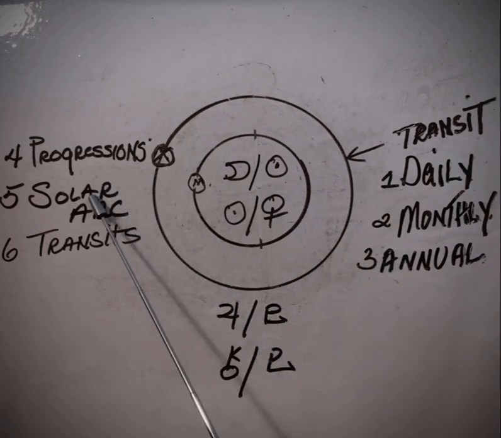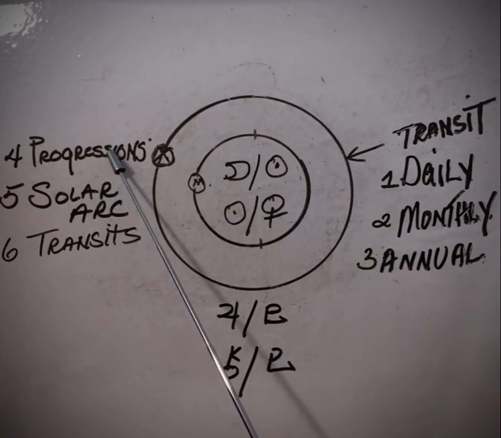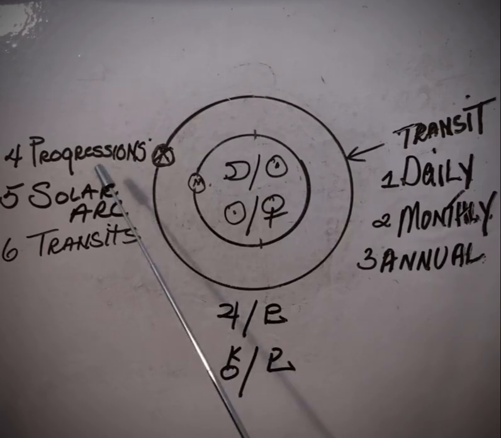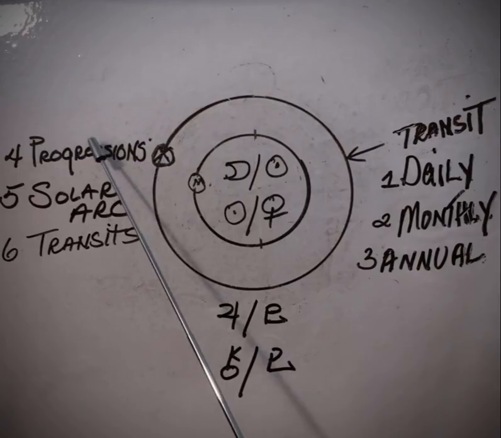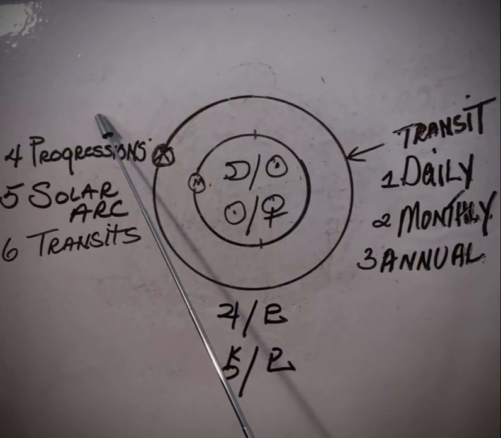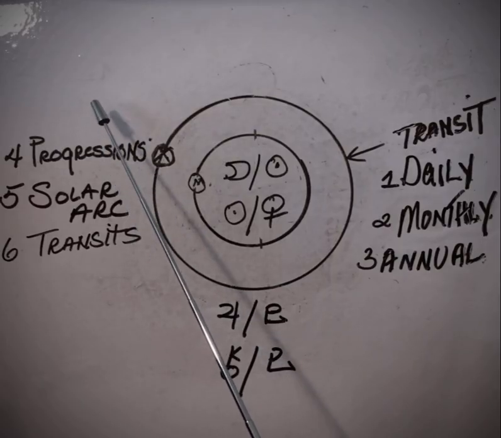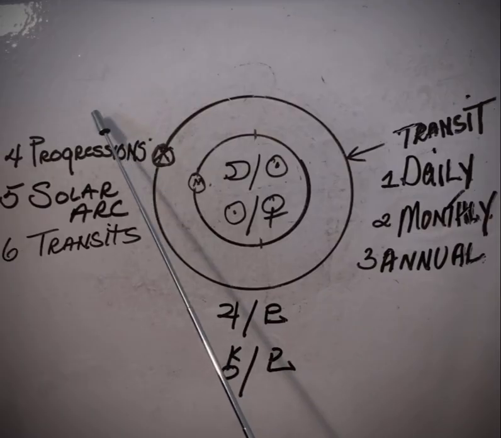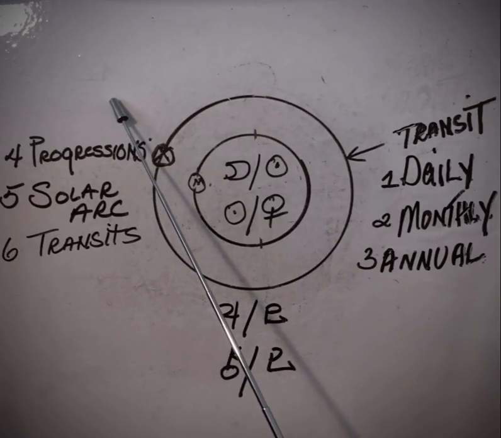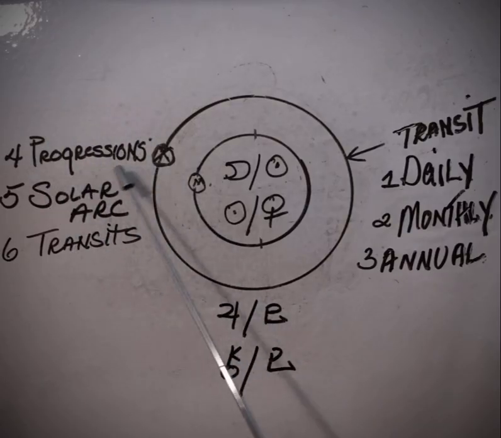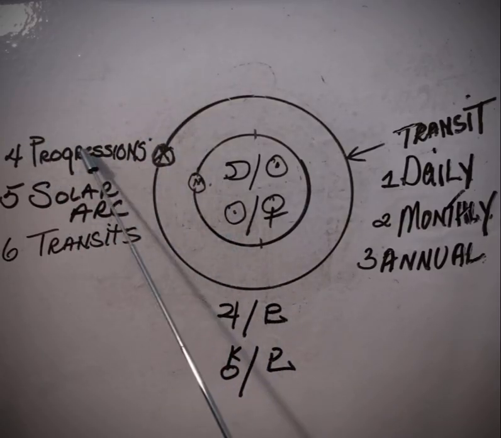And this can happen through solar arcs and secondary progressions. The reason I'm saying secondary progressions is because there are other levels. There are the minor progressions, the tertiary progressions, and even prime directions. But mainly, we just want to focus on the primary progression.